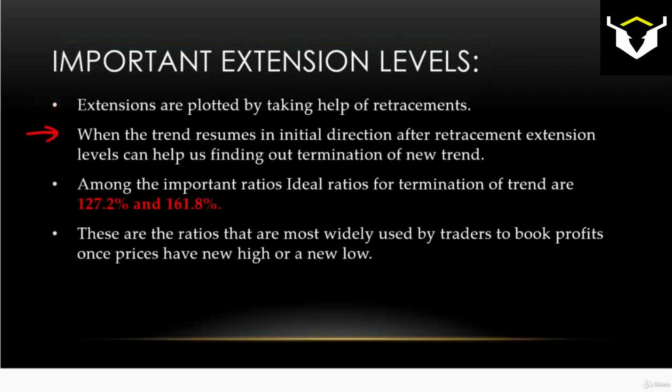When the trend resumes in the initial direction after a retracement, extension levels can help us find out the termination of the new trend. Among the important ratios, ideal ratios for termination of a trend are 127.2% and 161.8%. These are the ratios most widely used by traders to book profit once prices have made a new high or a new low.